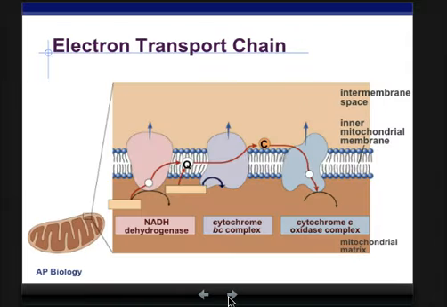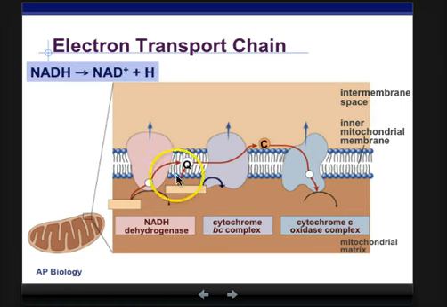Okay, so the first step is for NADH to break down into NAD plus a hydrogen. That's what's happening in this first step with NADH dehydrogenase. And you can tell by the name dehydrogenase, what is it doing?